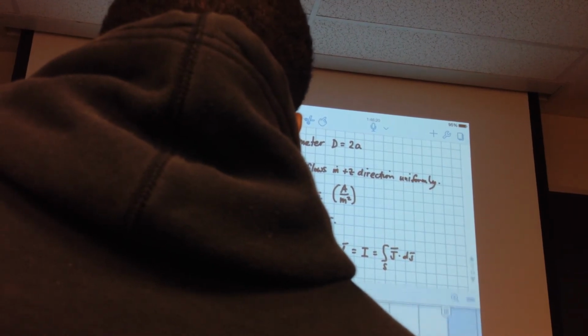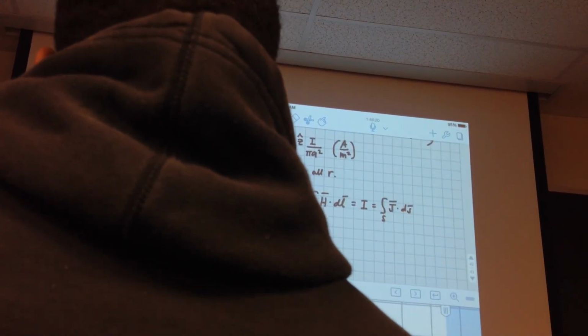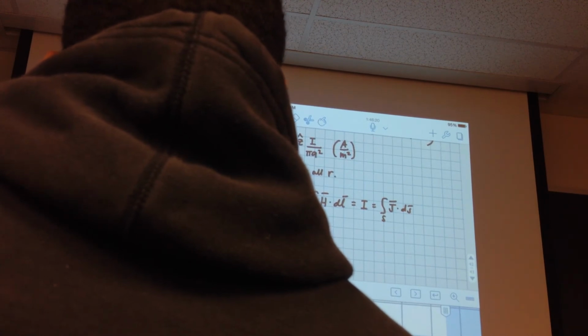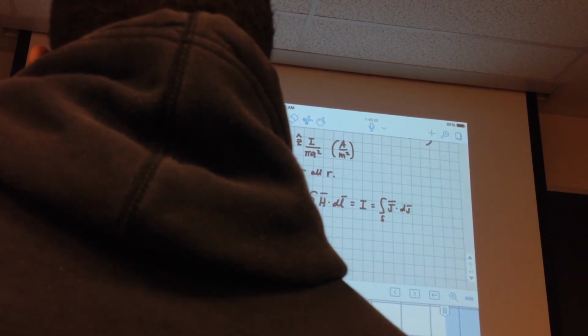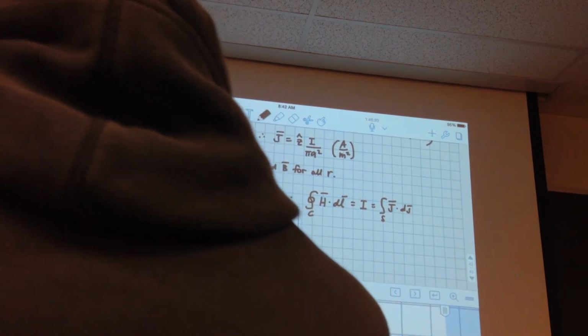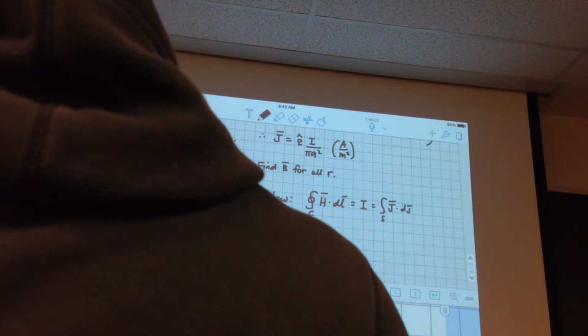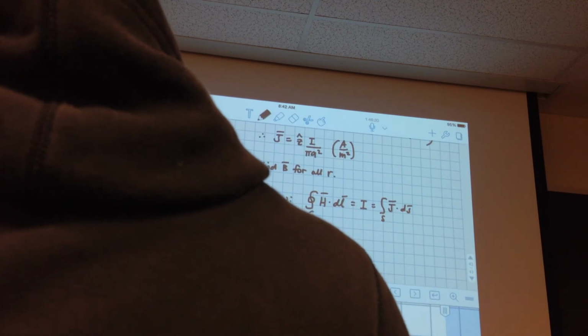So the current then, we need to solve for the current enclosed using our current density. We know the current density, double integral for surface. Current density we already found is z hat I over pi A squared.